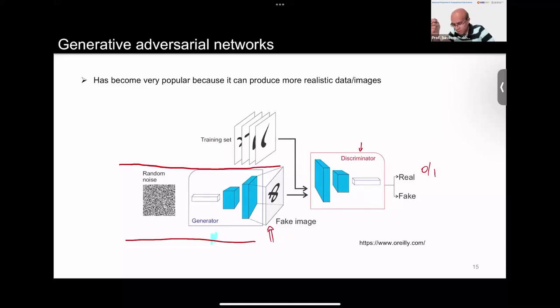If I don't marry the generator to the discriminator to fight and help each other, then, as you were describing, the training data could be facial images and the generator is generating some garbage which is not related to the training data.